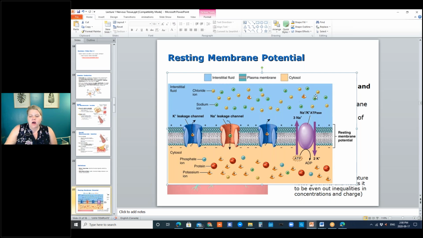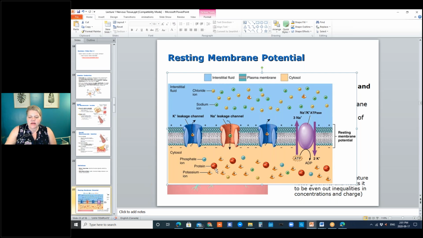So the blue part is the interstitial fluid. This is the fluid surrounding a cell. And then the cytosol is the fluid inside of a cell. And the plasma membrane is separating them. The charges between the interstitial fluid and the cytosol are different depending on what components are inside the cell and what components are in the interstitial fluid.